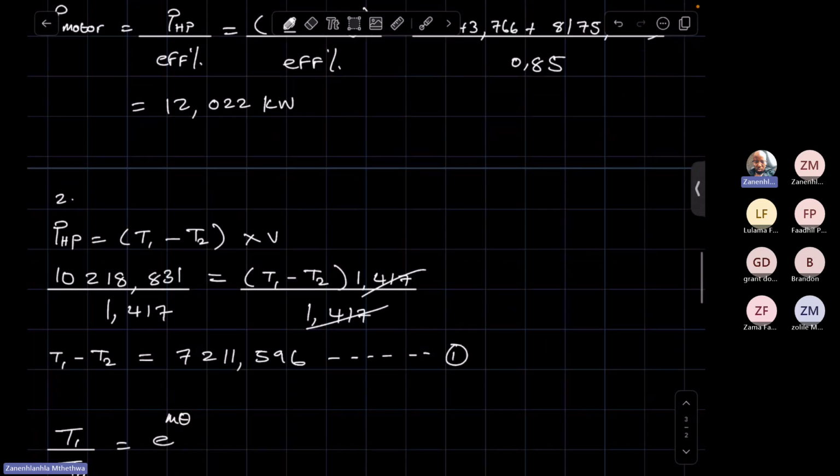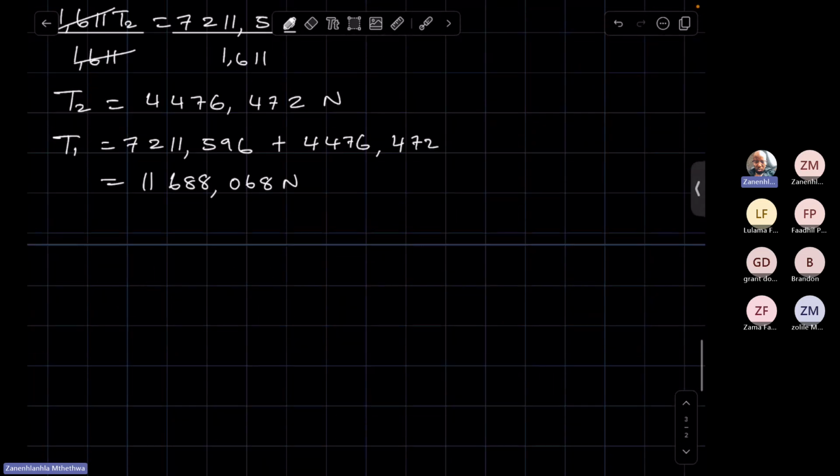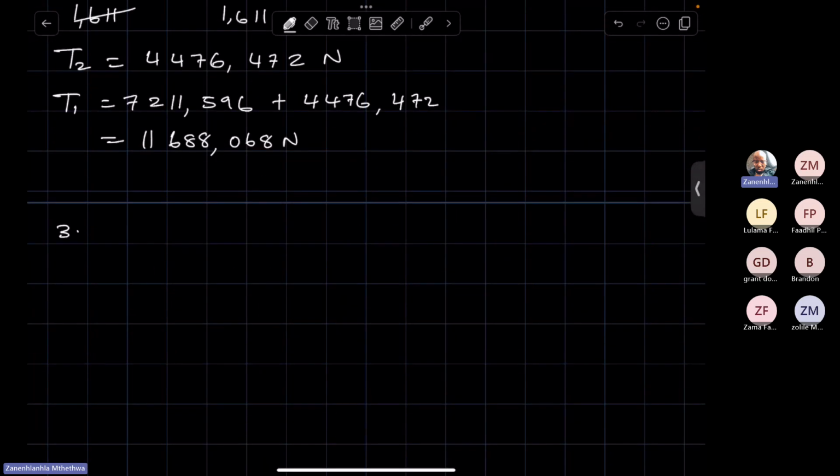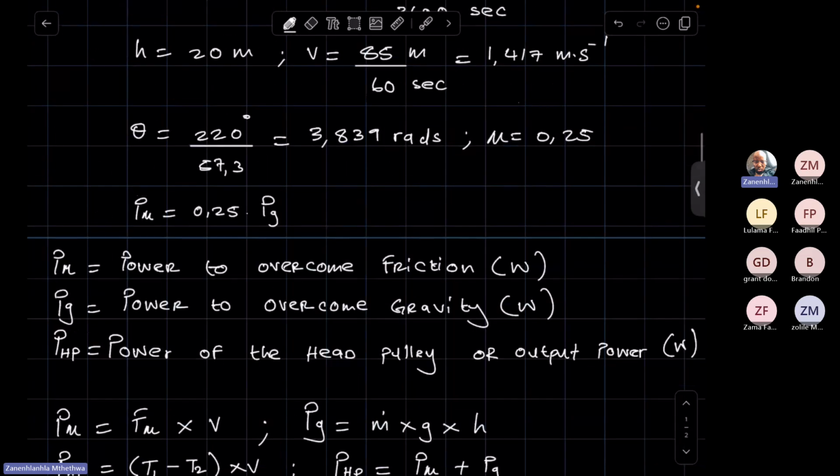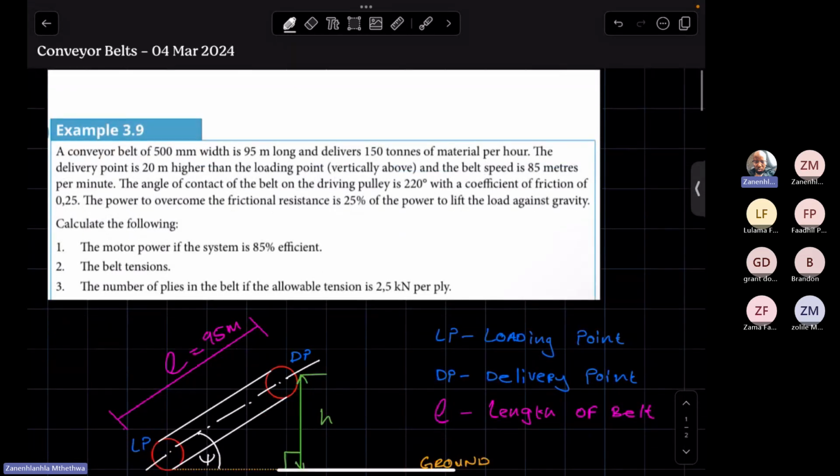So that is number 3, right? So they said that the allowable tension is 2,5 kilonewtons per ply.